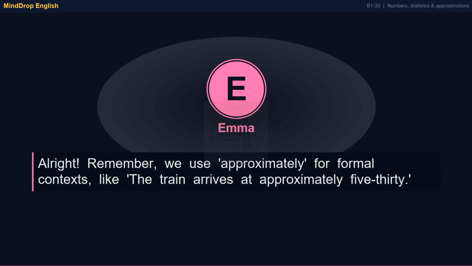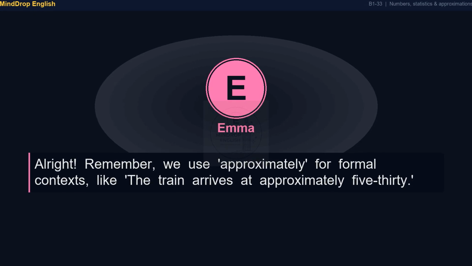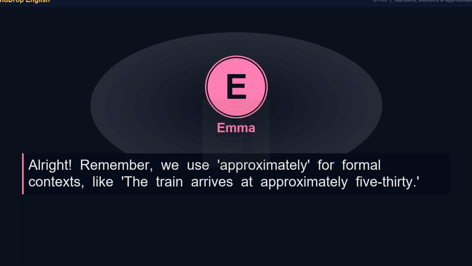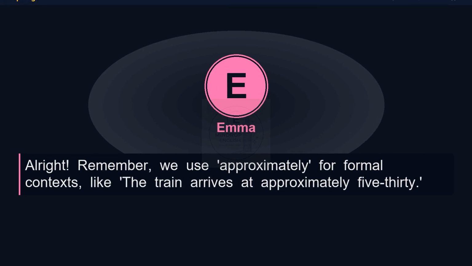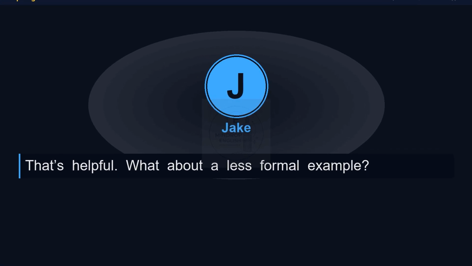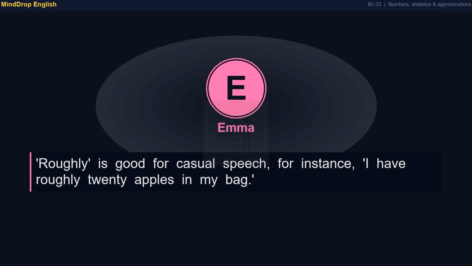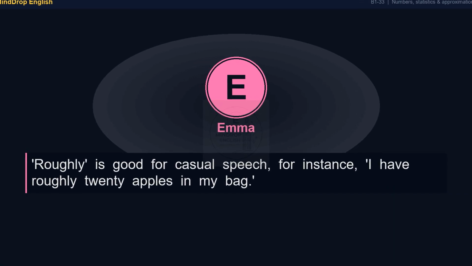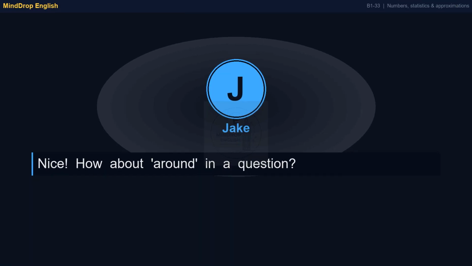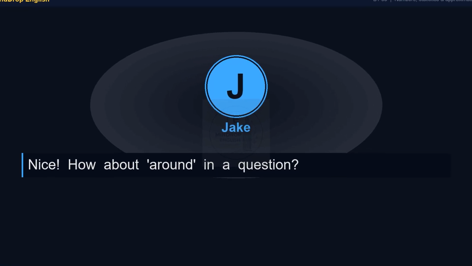All right. Remember, we use approximately for formal contexts, like, the train arrives at approximately 5:30. That's helpful. What about a less formal example? Roughly is good for casual speech. For instance, I have roughly 20 apples in my bag. Nice. How about around in a question?